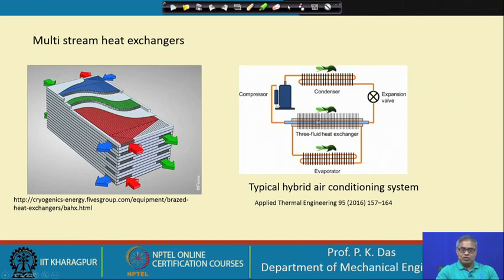So, basically there will be 2 liquids and one gas, which is air, and with these 3 fluids we can have a 3 fluid heat exchanger. I have given the reference. If somebody is interested in this typical and very interesting kind of heat exchanger, one can see the details from the reference itself.